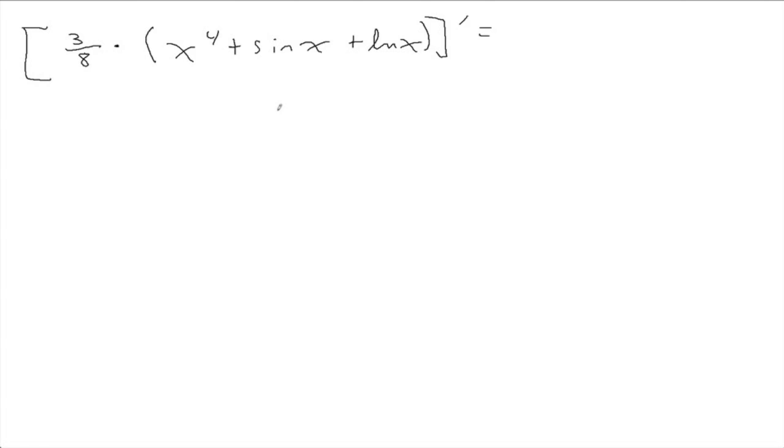Well, one thing you could do is the distributive law and distribute the 3/8 over these 3 terms. And that would work, but then you would have a bunch of fractions running around in the expression. So there's a simpler approach here. Instead of distributing the 3/8, because this is a constant that's multiplied times the rest of the formula, we can simply take the 3/8 completely out of the derivative.